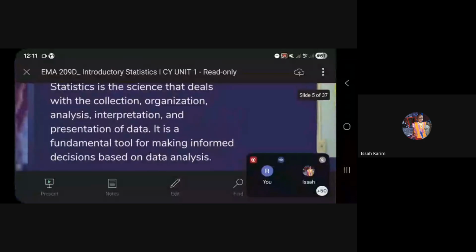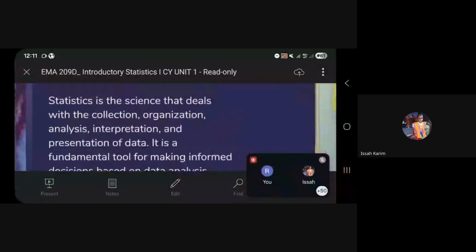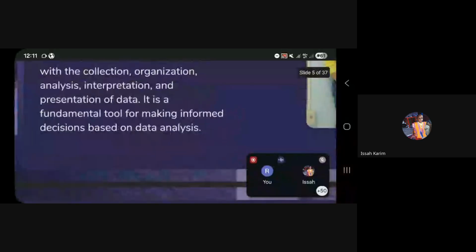So we can say that statistics is the science that deals with the collection, organization, analyzing and interpreting, and presenting of data. So you realize that these definitions were running through all that they said. You collect the data, you organize, you analyze, interpret, and then present your data.